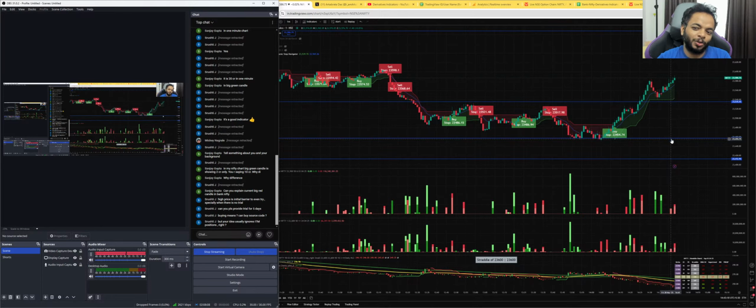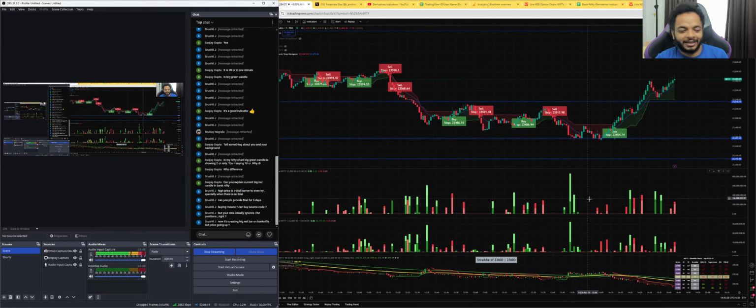People say that no one can manipulate Nifty, but then how are they manipulating it? This is nothing but manipulation. You can see they are right at the bottom, they are taking positions, and right after that the movement comes, which means they are doing something. It's not like something is happening magically.